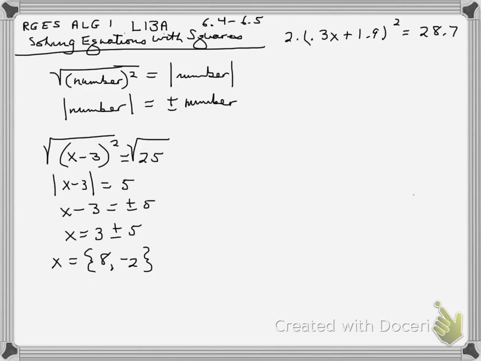Okay, solving this one. Again, when I have something squared, I can take the square root of both sides. So this would be like taking the square root of that, equals the square root of that.